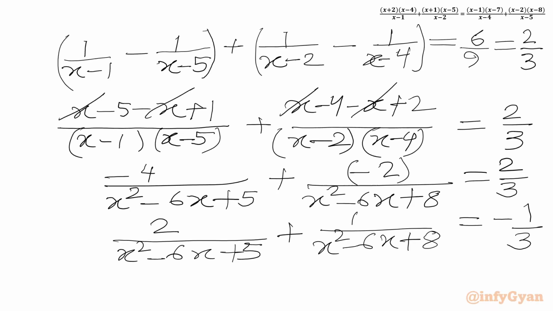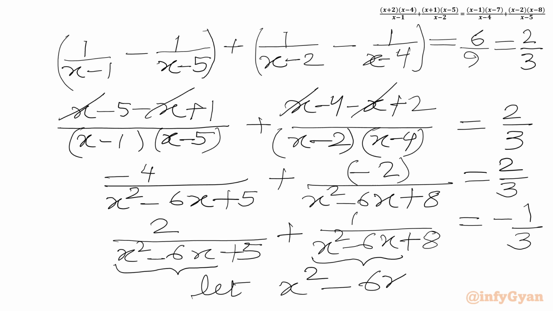Now x square minus 6x, x square minus 6x. Let us say x square minus 6x, suppose this is equal to y. So we can write our equation 2 over y plus 5 plus 1 over y plus 8 equal to minus 1/3.